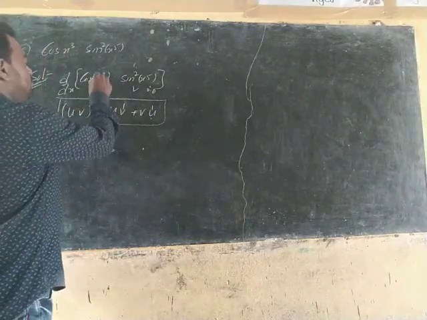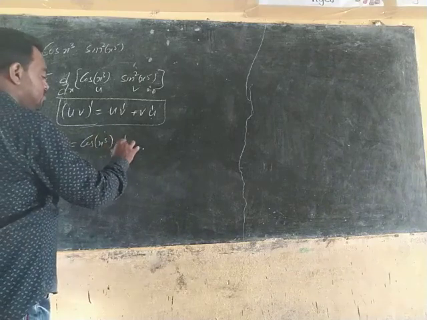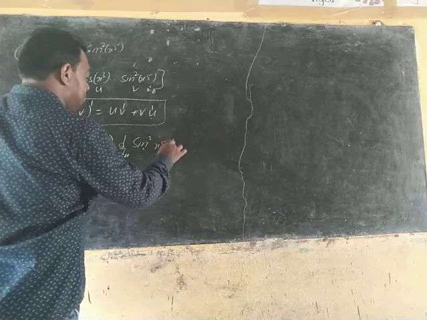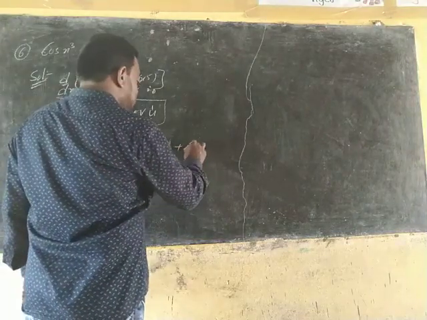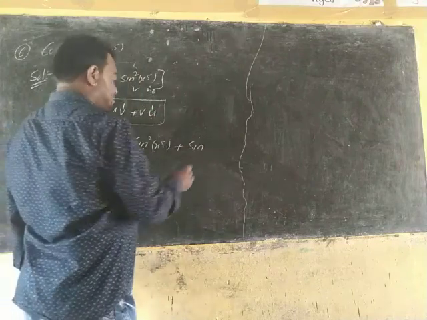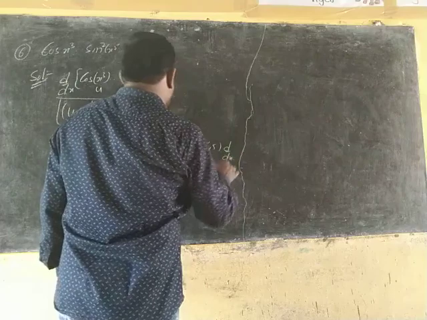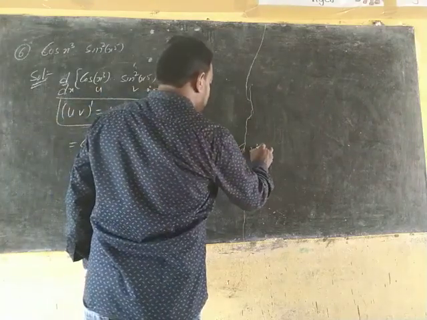So u means cos of x cube into d by dx of sine square of x power of 5, plus v, which is sine square of x power of 5, into d by dx of u, which is cos of x cube.